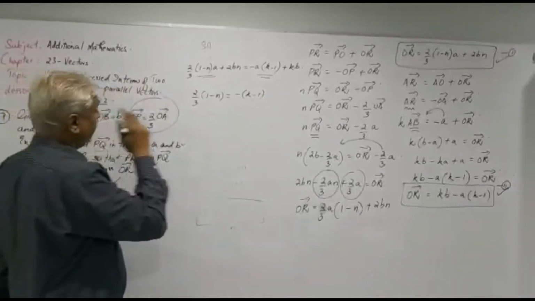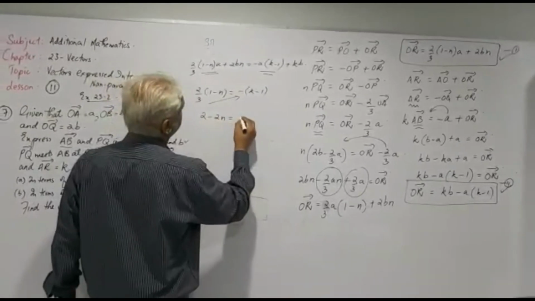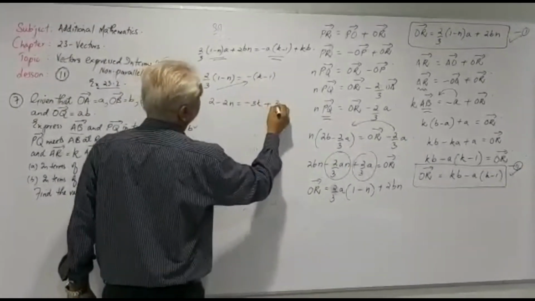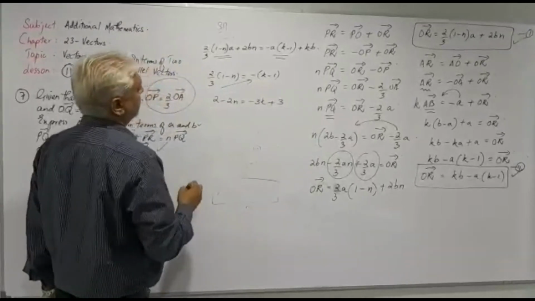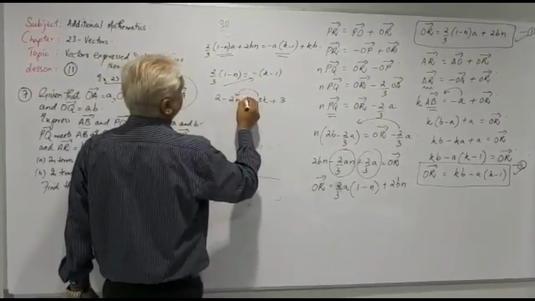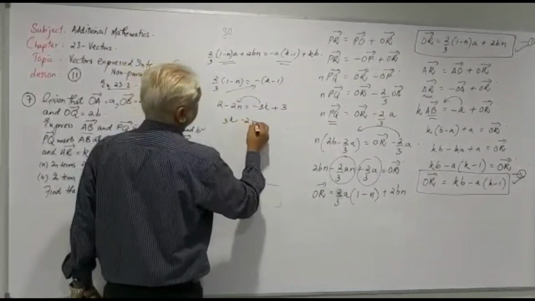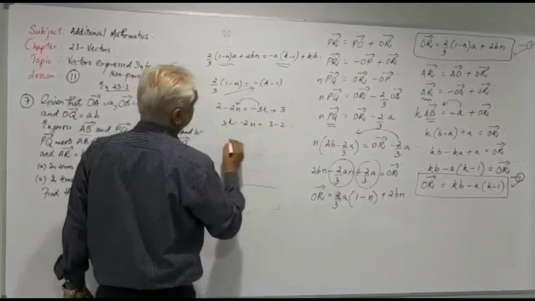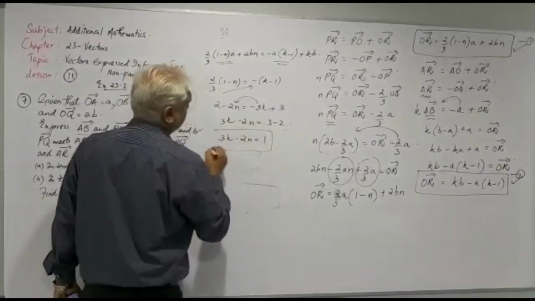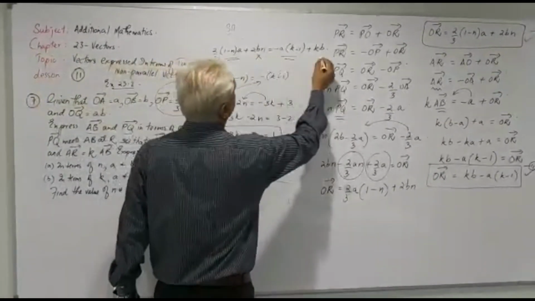So bring this 3 over here: 2 minus 2n equals minus 3k plus 3. If I bring k here and take 2 to the other side, I'll get 3k minus 2n is equal to 3 minus 2. So 3k minus 2n is equal to 1. I've got one equation. Now I'm taking the coefficients of b.